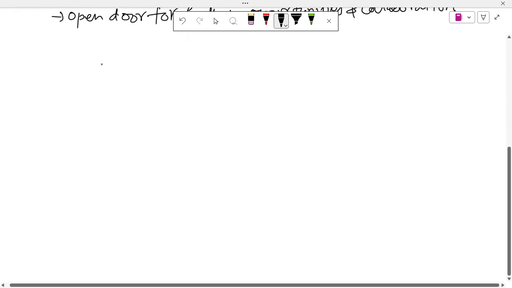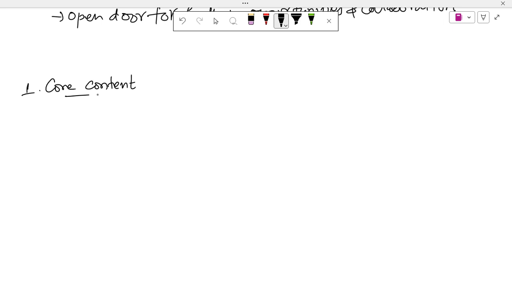The very first step is to identify the core content. What is the core content? You should have a key research question.